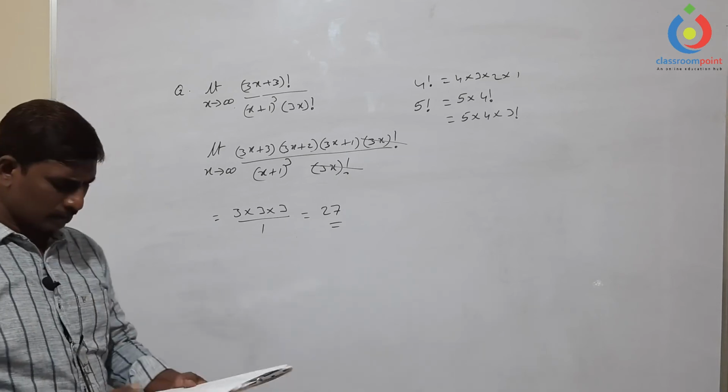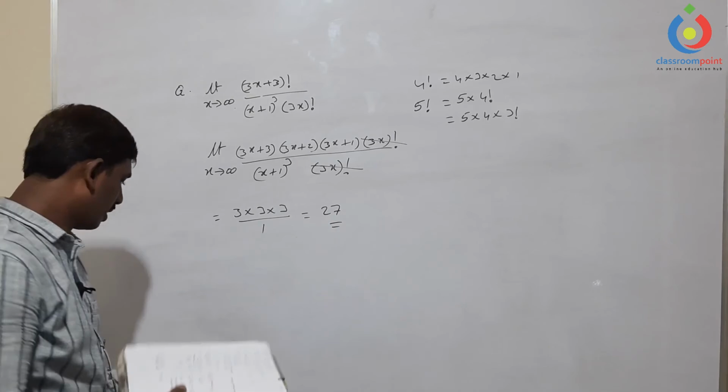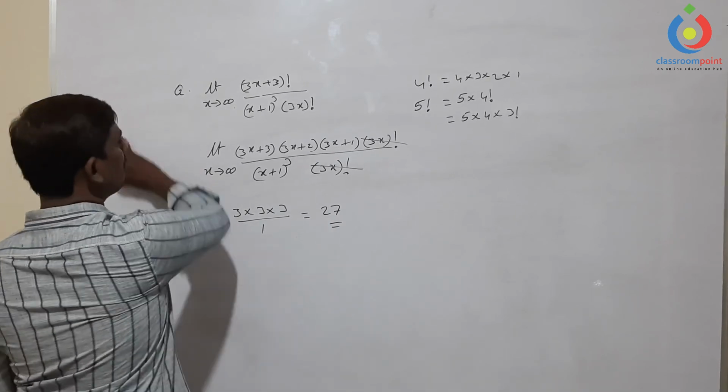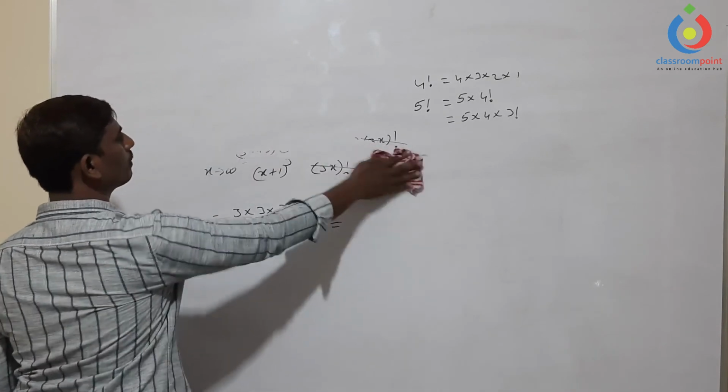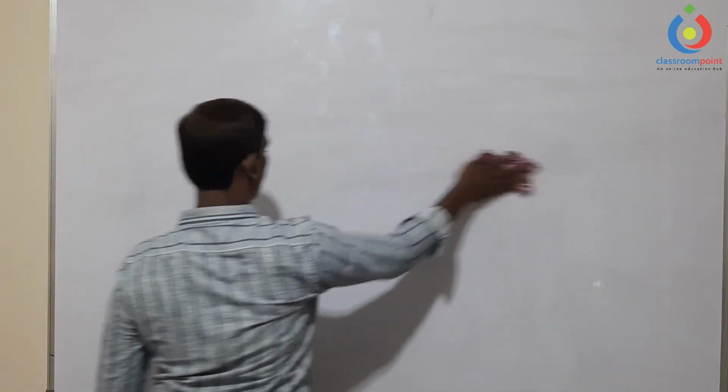One more we have. That is a little bit lengthy problem, but it is very easy. By using the sandwich theorem, we can solve that one. Just see the question first.